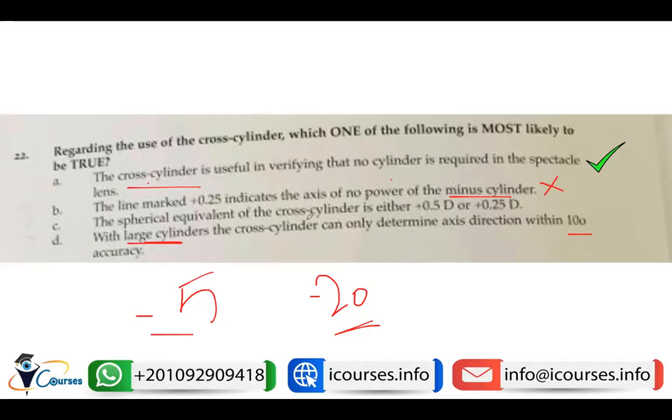The spherical equivalent of the cross cylinder is 0. Again, this is not true. With a large cylinder, the cross cylinder can only determine the axis within 10 degrees of accuracy. We said that this is not true. The accuracy of the axis has no relation to the power of the cross cylinder.